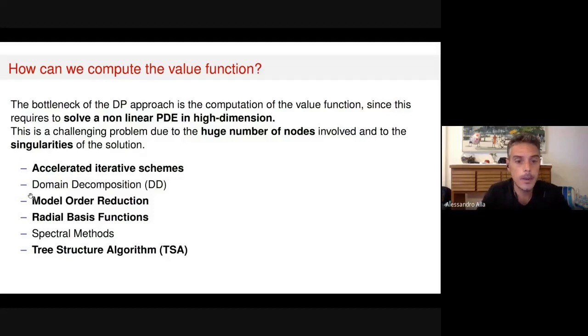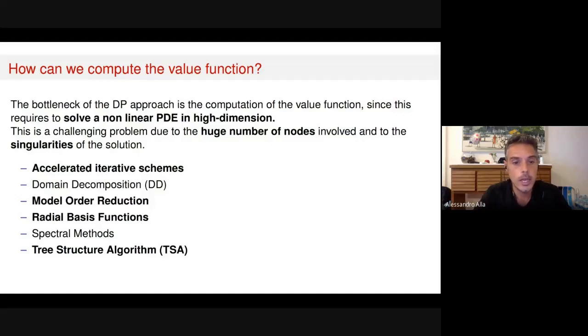If there is time, I'm also going to talk about this method. I'm currently working with my PhD student, Hugo Oliveira, on the use of radial basis functions as interpolation operator in this method, because radial basis functions are very useful, especially for high-dimensional problems, since they end up with a scattered mesh.